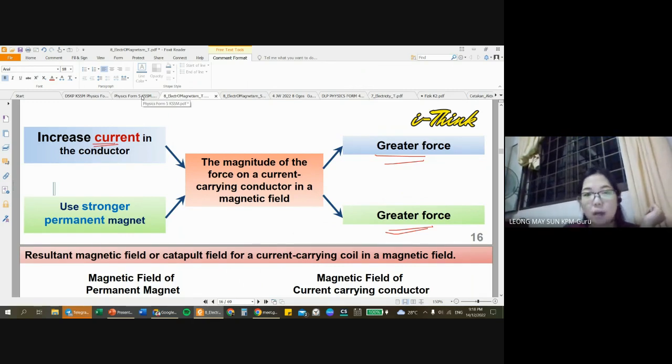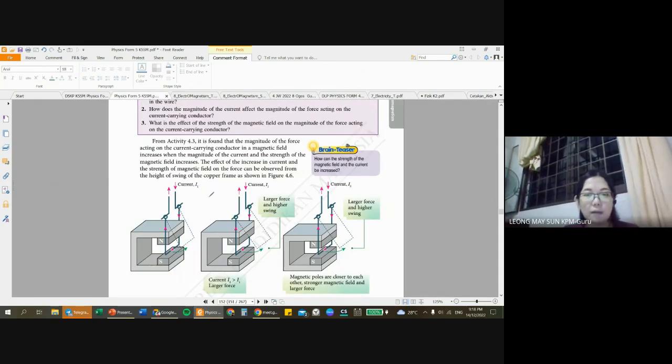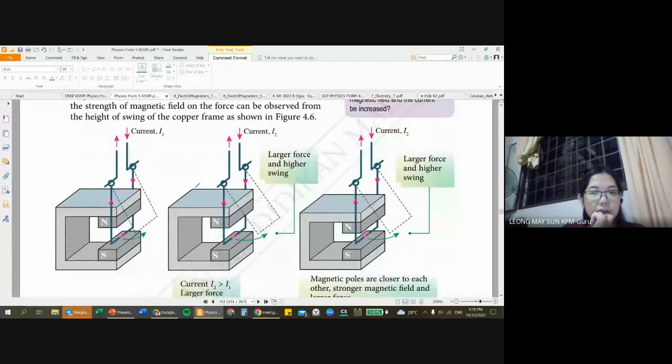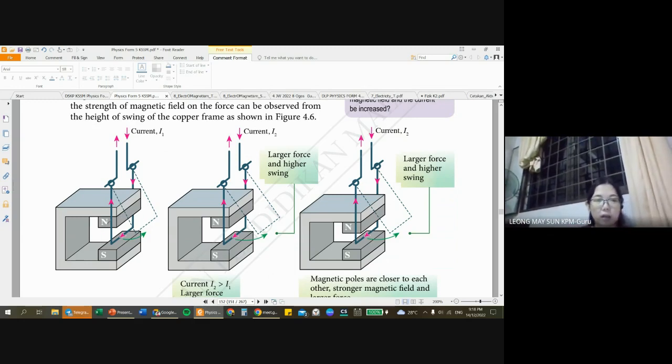Okay, so right now, let's go back to the textbook. Now, how do we increase? So, first thing first, over here, what they did was they changed the direction of the current. Let's cross check again using our Fleming's left hand rule whether the direction is correct or not. So here, the magnetic field is moving from north to south, B, and then the current at this part of the rod is moving outwards.